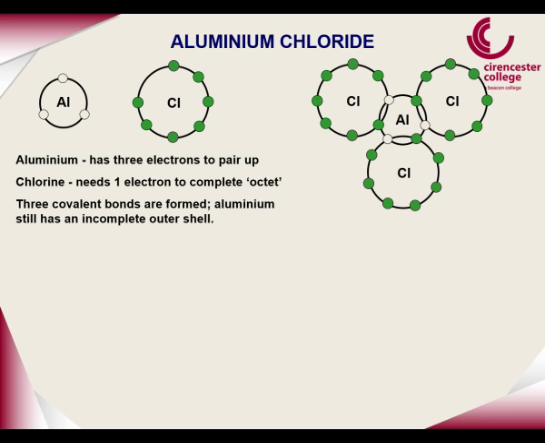Again, this might seem like an ionic bond. Like beryllium, aluminium prefers to make covalent bonds. And in the case of aluminium chloride, aluminium will share 3 of its outer electrons with 3 chlorine atoms.